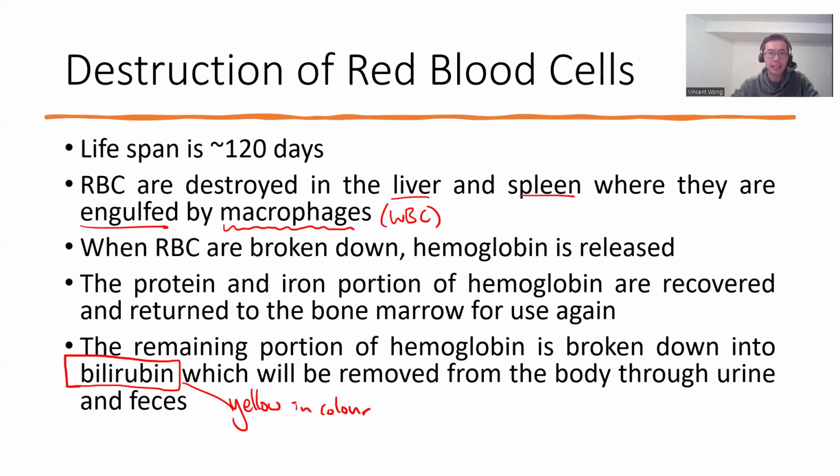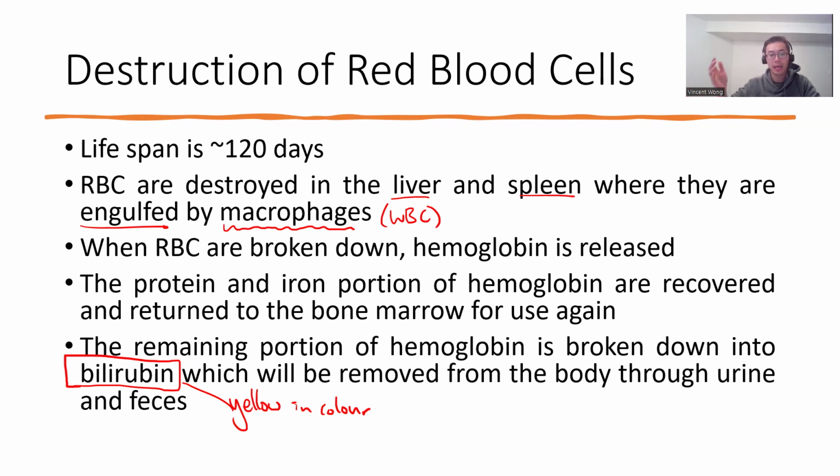Now, sometimes kids are born with a yellow skin tone, right? Does anybody know what that condition is called? Jaundice? That's right, jaundice. Jaundice is actually a buildup of bilirubin in the skin.